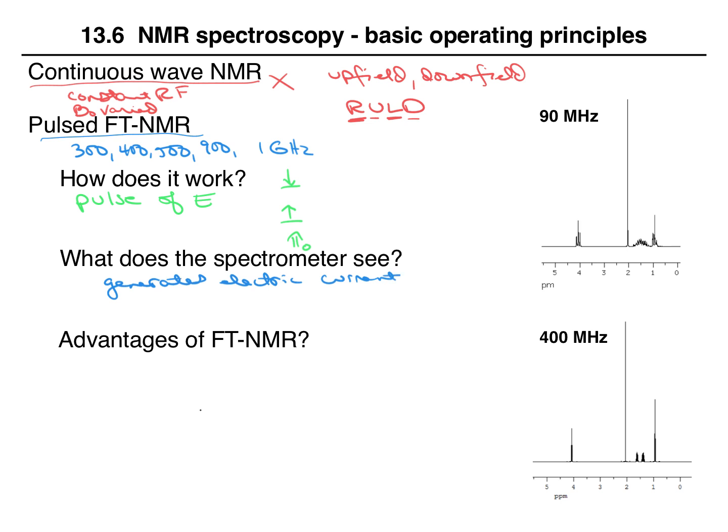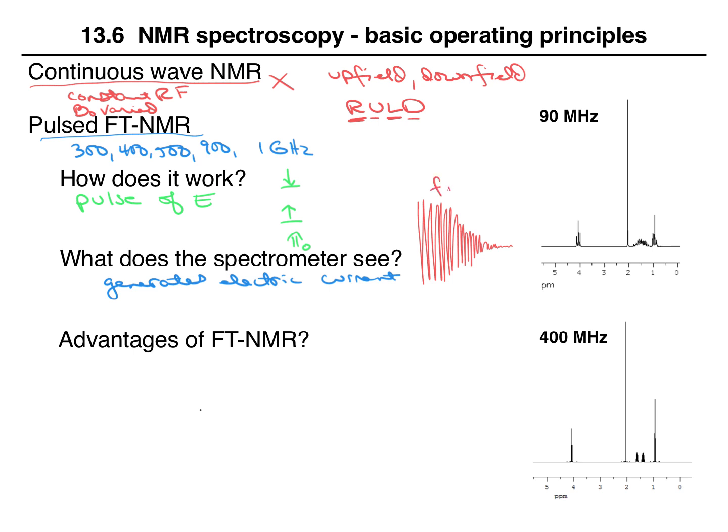Then as the nuclei relax, that electrical signal is going to decrease. So when all of the nuclei are excited, it generates a large electrical signal. And then as the nuclei relax back down, this signal is going to get smaller and smaller until all of the nuclei have relaxed.